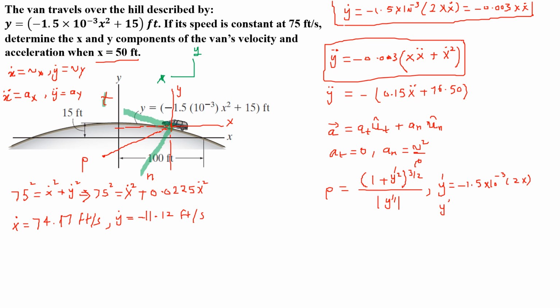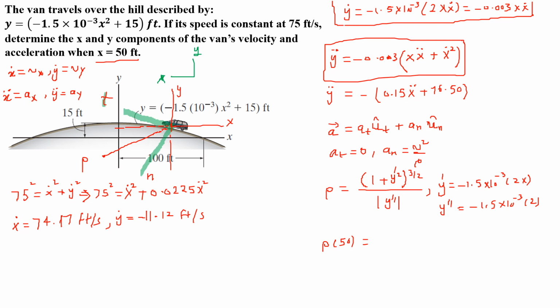And y double prime would be negative 1.5 times 10 to the power negative 3 times 2. Now I want to find this rho at x equal 50, so replace these x's by 50 and raise to the power and so on.